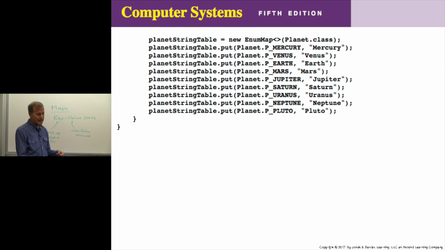New enum map. Now why is that? That's because in this case the key is an enumerated type, and so the way we use this table is we give it the key and we look up the string. But now look at how we are storing the strings. The string values of each enumerated. The way we want it to be printed out.